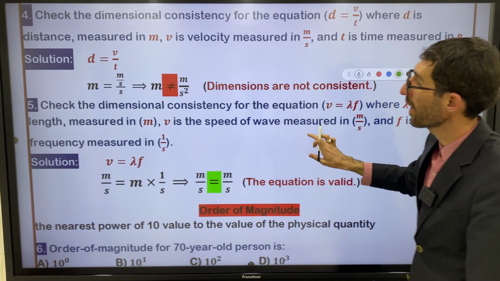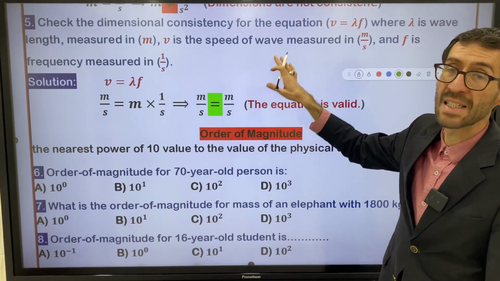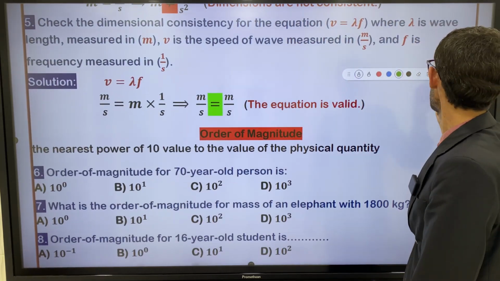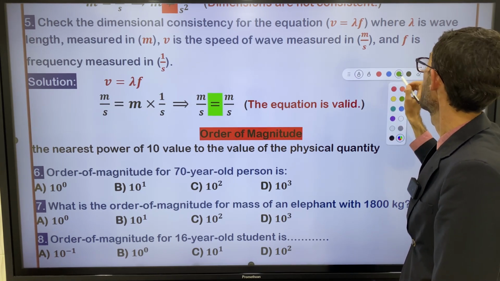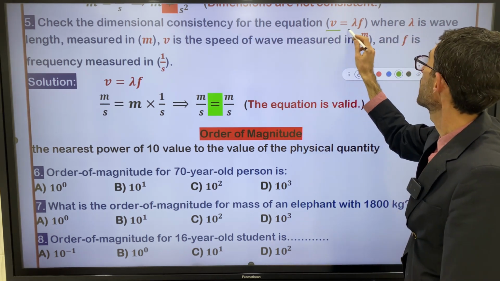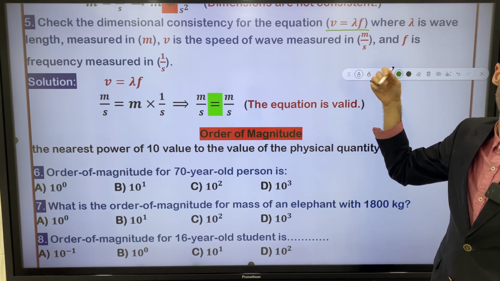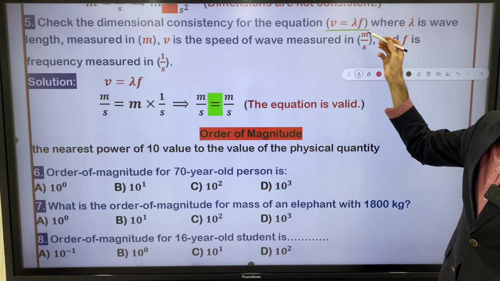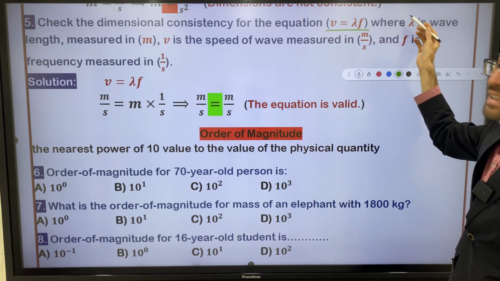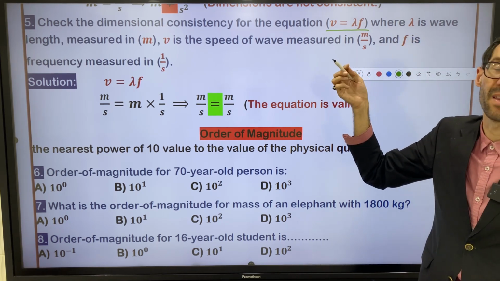Another question. Question number 5. Check the dimensional consistency for the equation. Let me underline the equation. We have to check whether it's right or wrong. V is equal to lambda f, where lambda, a Greek letter, is used for wavelength.